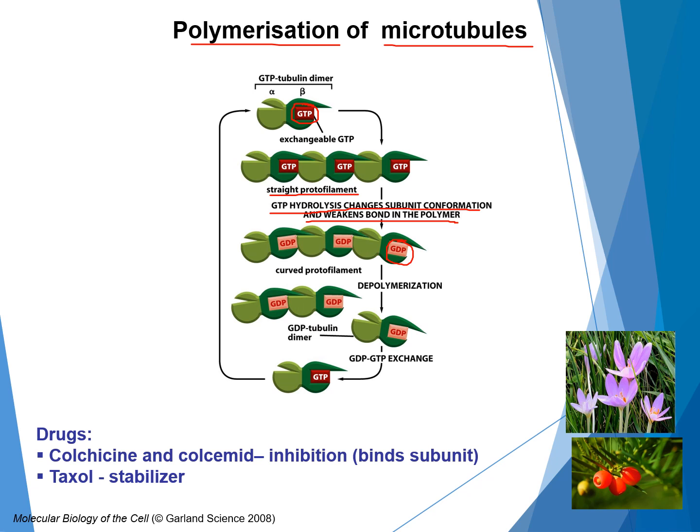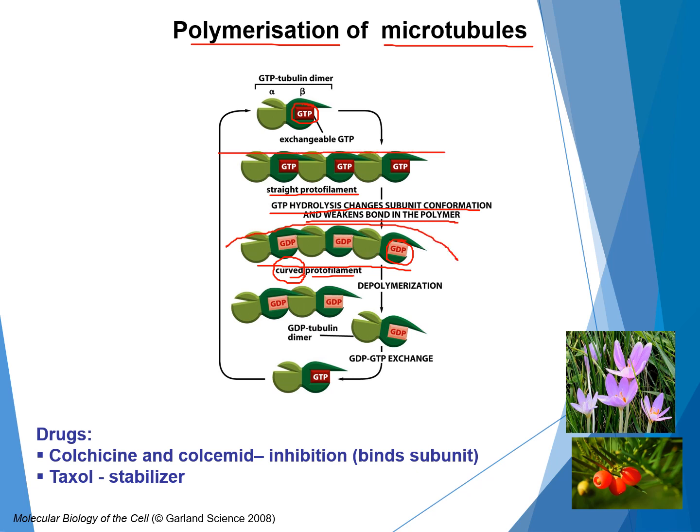the hydrolysis of GTP occurs, and when they have the GDP, the protofilament will turn slightly curved. If you can see over here, it's slightly curved compared to this one, which is totally straight.